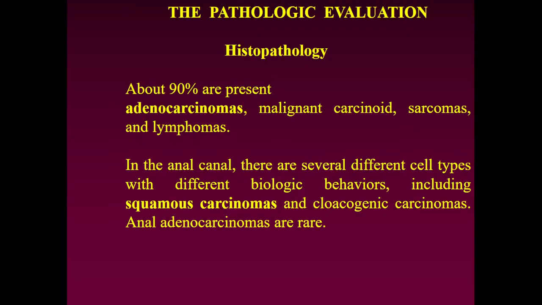In the anal canal, there are several different cell types with different biological behaviors, including squamous cell carcinomas and cloacogenic carcinomas. Anal forms of adenocarcinomas are rare.